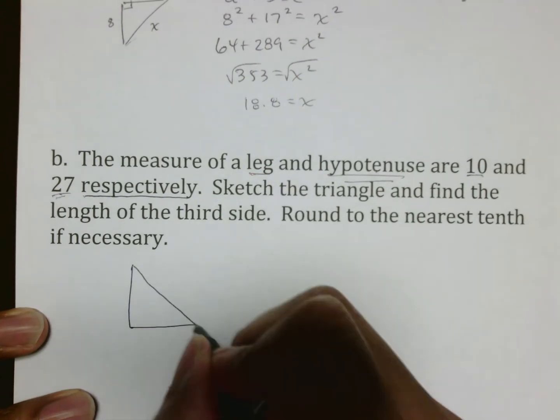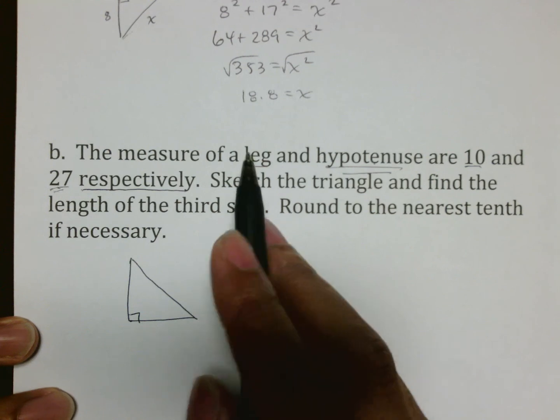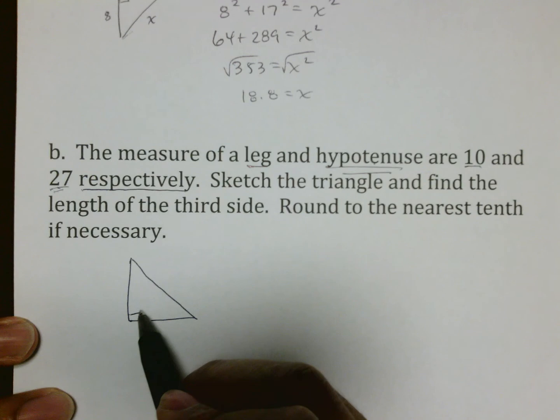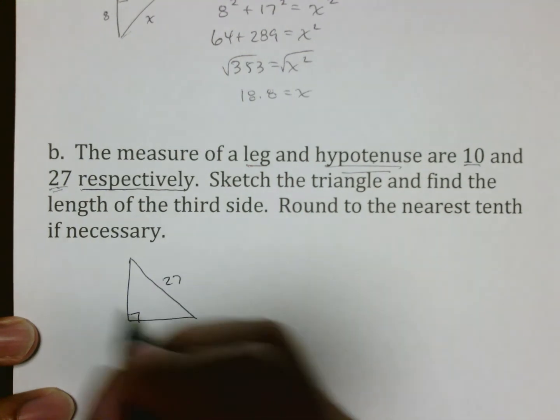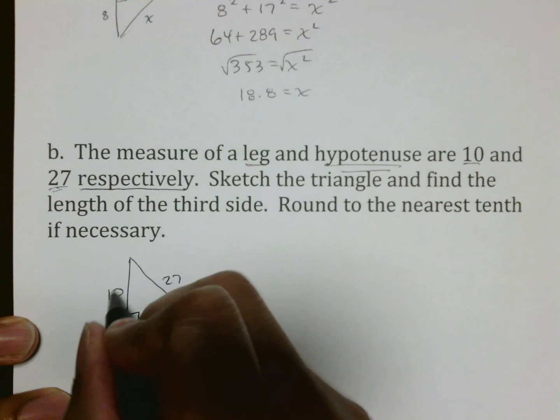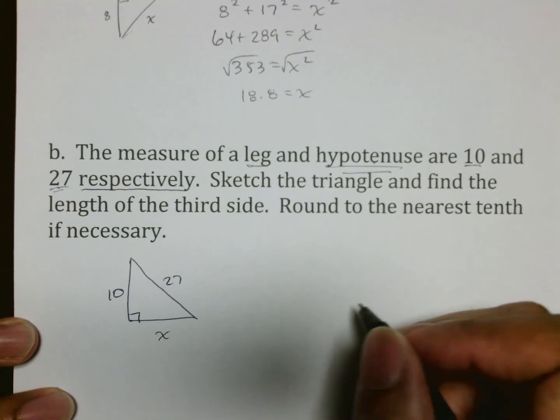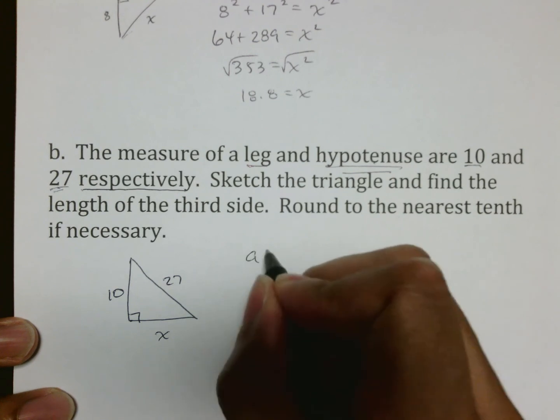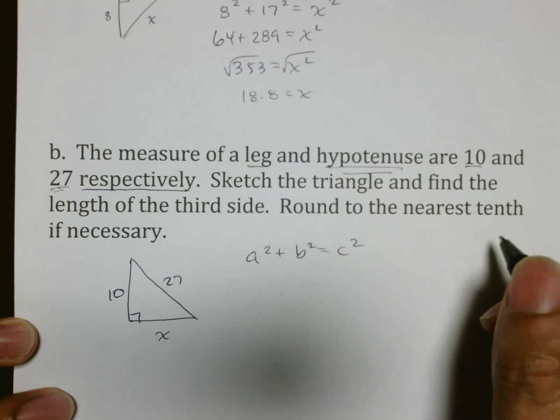Okay? So either way, it doesn't matter how you sketch the triangle. We can even sketch it this way. Bottom line is that you have to mark your right angle and recognize that the leg is 10 and the hypotenuse is 27. Remember, the hypotenuse is across from the right angle, so that means this has to be 27. And it does not matter, again, where you put this 10. You could put it over here, you could put it down there. The bottom line is that is my x, or whatever letter you want to use, A or B. With the Pythagorean theorem, it's a squared plus b squared equals c squared.